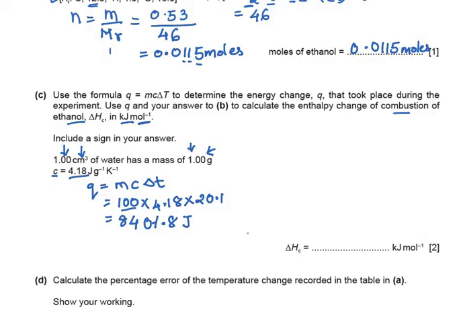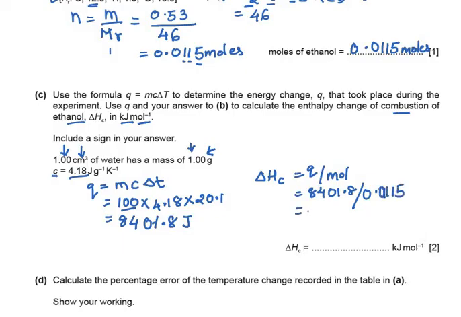So that is only Q. But we need to change this heat energy into kilojoules per mole. So that means we need to divide our answer Q by the number of moles we have calculated in part B. So here our heat energy is 8401.8 and the moles calculated earlier were 0.0115 moles.